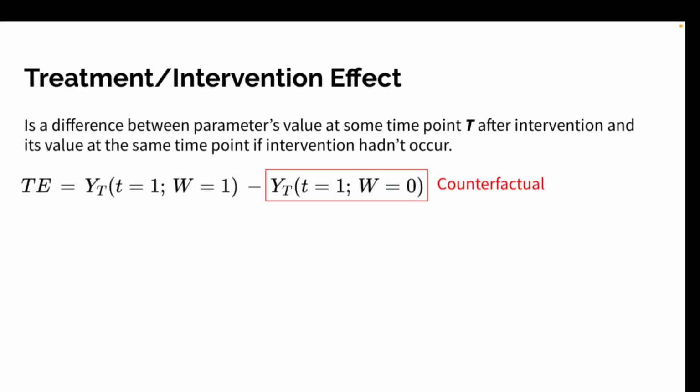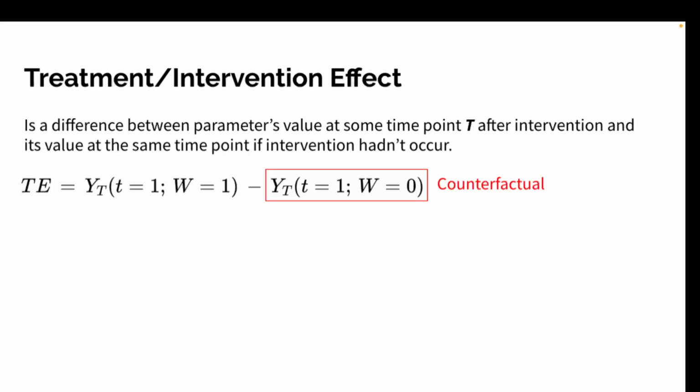So why is it a counterfactual? Because you see that y has a subscript T in the second term, and as I said, T means the treatment group, or a group that was treated. But at the same time, W is 0, and when W is 0, there is no treatment. So having subscript T and W being 0, they contradict each other.